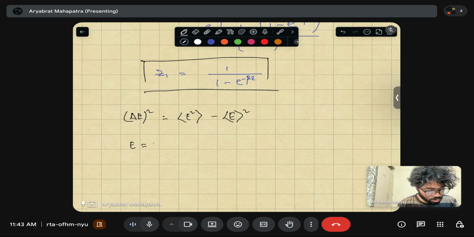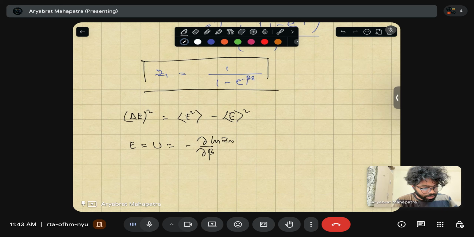So E equal to U is negative of the partial derivative with respect to beta of log of Zn. This will not be the single particle partition function; rather, it is the total partition function of the system.